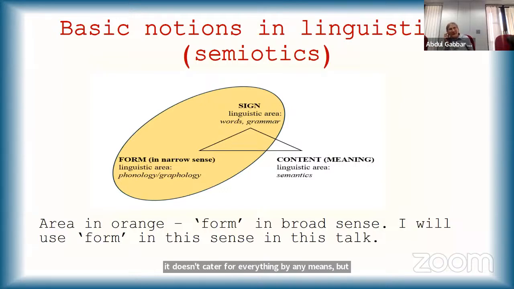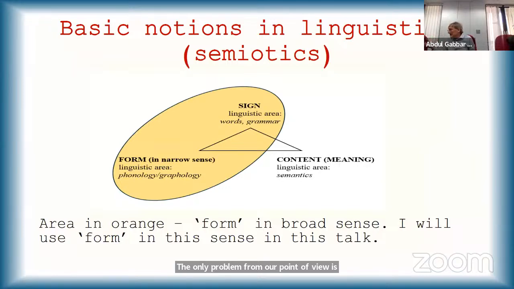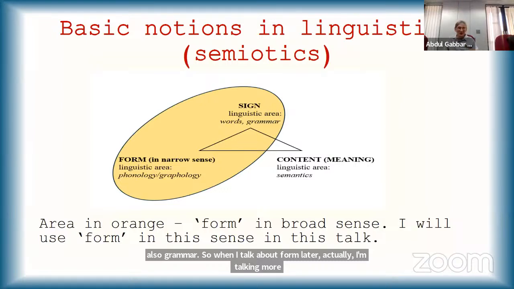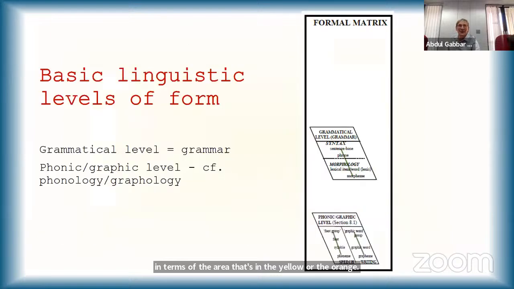The only problem from our point of view is that form is used in lots of different ways in linguistics, as people may know. And two crucial ways here is that form is sometimes used to mean phonology, graphology, but sometimes it's used to mean phonology, graphology, and also grammar. So when I talk about form later, I'm talking more in terms of the area that's in the yellow or the orange, whatever color you think that is, on this slide.